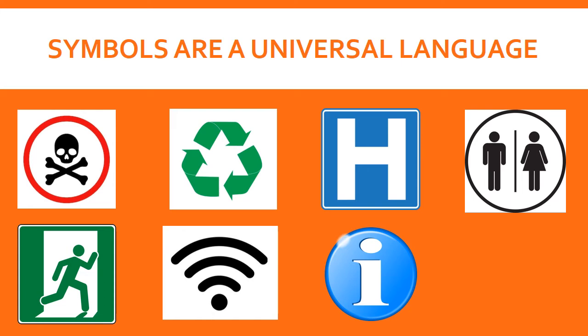You might see this at the airport or if you visit somewhere like a zoo or botanical gardens. It means information. The I stands for information. That is where you would go to get information.